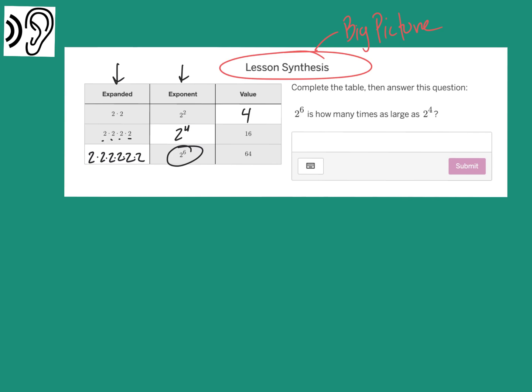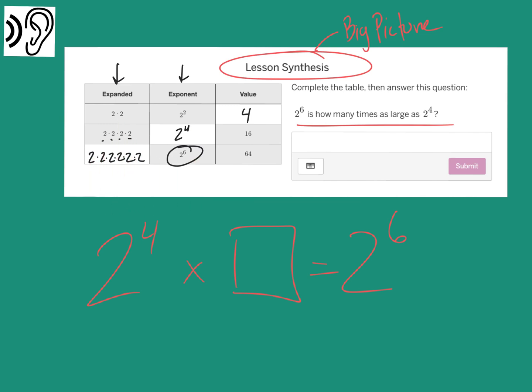Now, the big idea of the synthesis is: 2 to the 6th is how many times as large as 2 to the 4th? As a quick reminder from yesterday, putting that in mathematical phrasing, we're looking at 2 to the 4th times what is 2 to the 6th. And when we look at this table up here, we get an idea of exactly what to look for. So when I start seeing differences in 2 to the 4th to 2 to the 6th, I'm going to start looking over here.